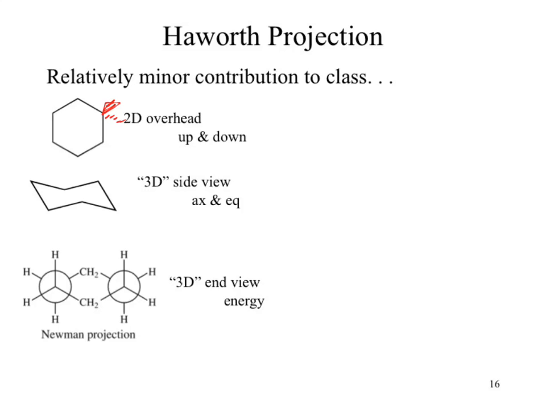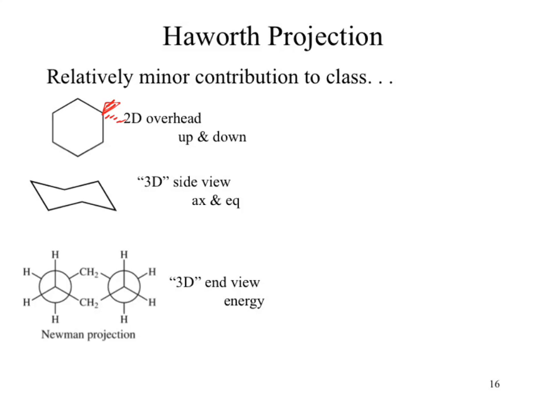So we've got an implied 3 dimensions within that without showing our wedges and dashes. This really gives us information about our axial and equatorial. We could also go through and shift to a 3-dimensional end view, which is our Newman projection. This really gives us conclusions about energetics. All right, so depending on what we were asked, we may decide to look at varying ways to draw these.